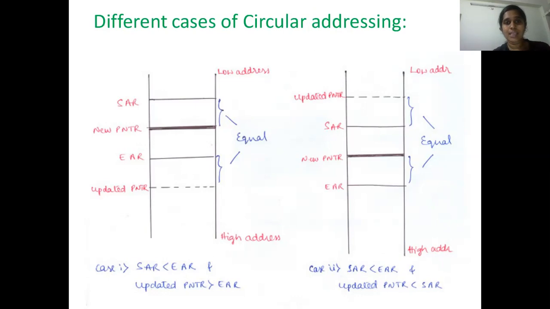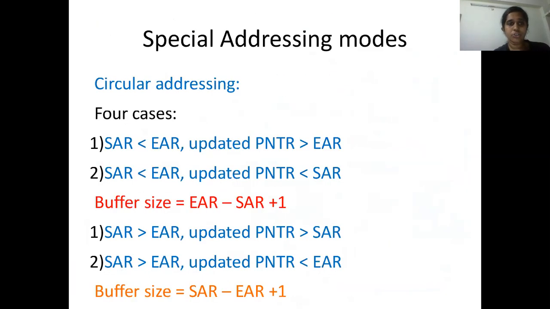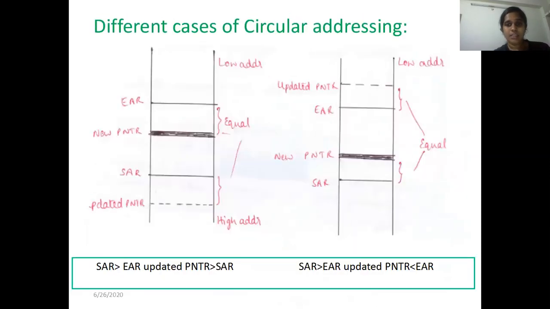That we are going to see in the coming example. The same is the case with case 2. Just observe these figures and you will come to know about it. These are the figure representations of these 4 cases.